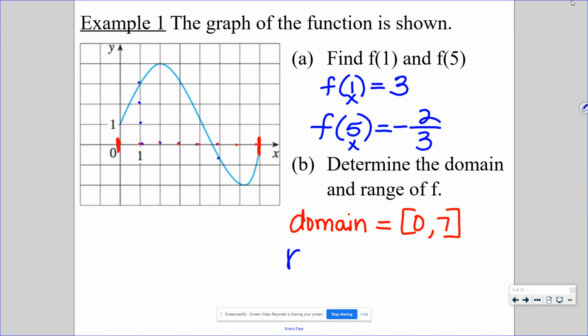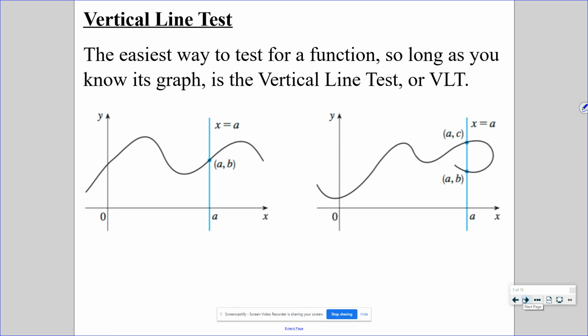And then your range will be how tall the graph is. So like lowest point to highest point on the y-axis. So that would be negative 2 is the lowest y value. And 4 is the highest y value. So we're going to call that negative 2 to 4 with brackets to show that it actually does touch those y values.